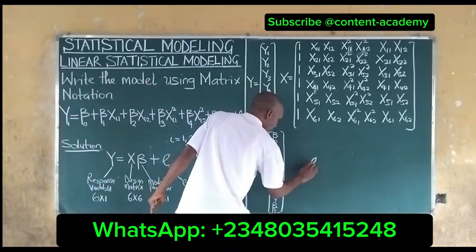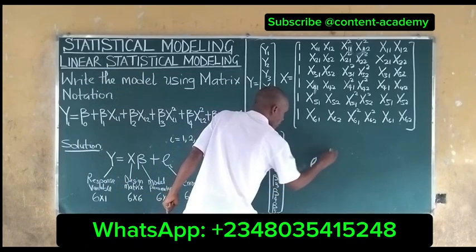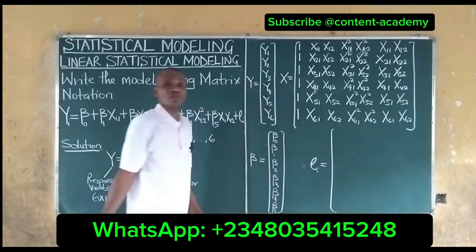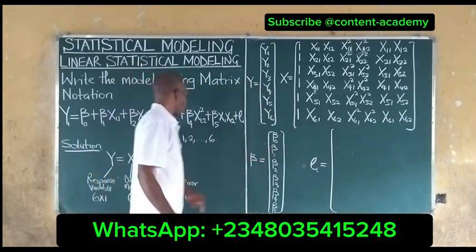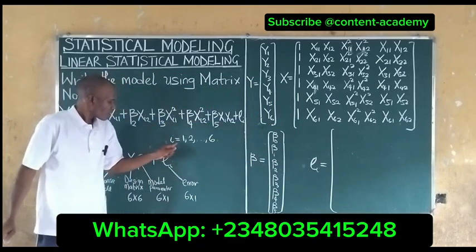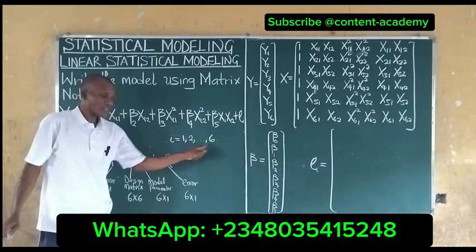And our random error, we also said it has 6 observations, which means i ranging from 1 to 6.